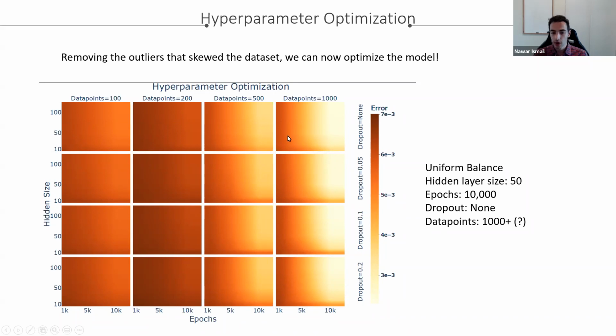To continue on, now that we've identified the data set and solidified it, we perform a hyperparameter optimization, which looks at a subset of possible parameters of our actual model. For our model, we're using feed-forward neural networks, which have potentially multiple layers. They have different sizes, numbers of nodes, and numbers of parameters.